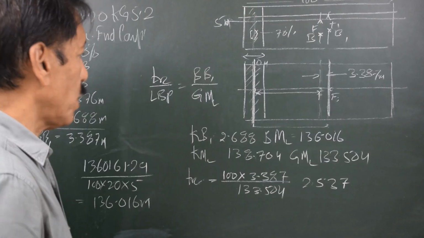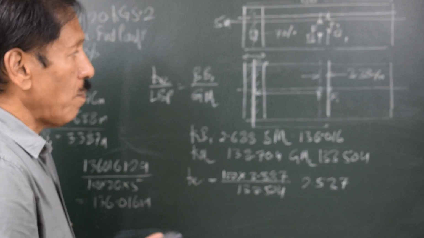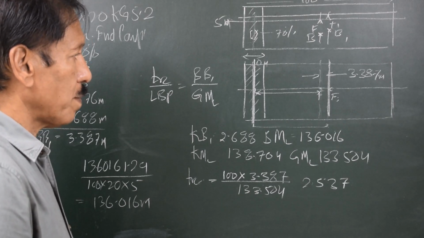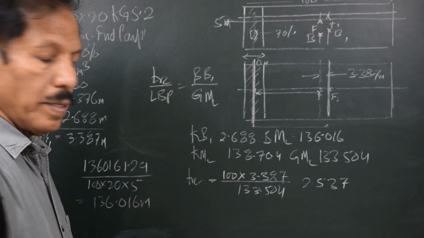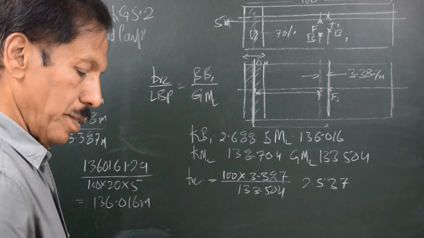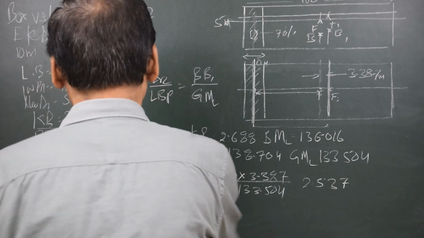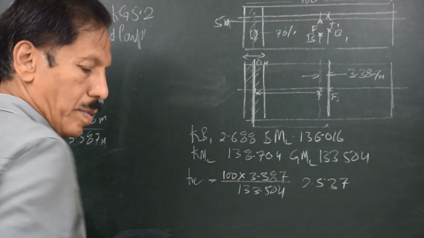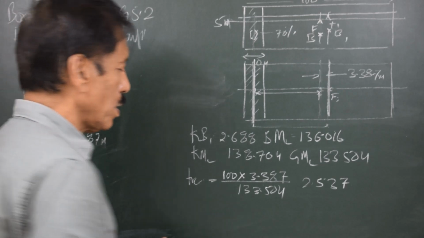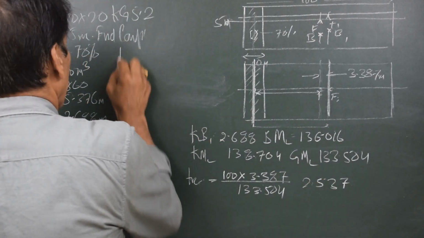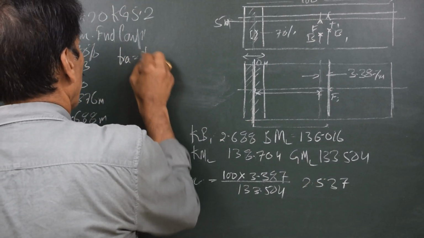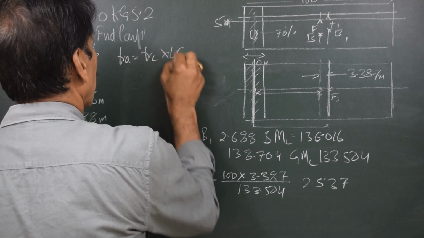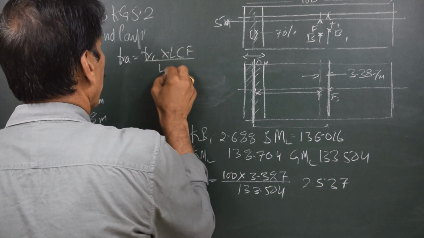Now this is the trim change. Can we find out the final fore and aft draft? So this is the total trim change. By a standard formula, TRA should be equal to TRC into LCF upon LBP.